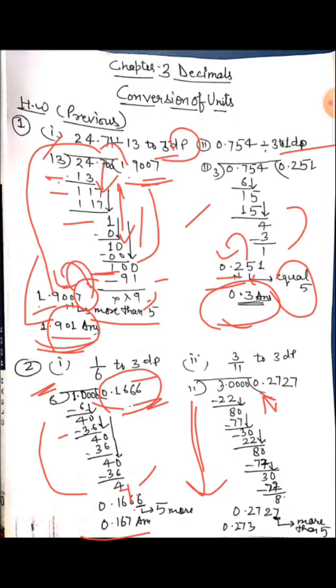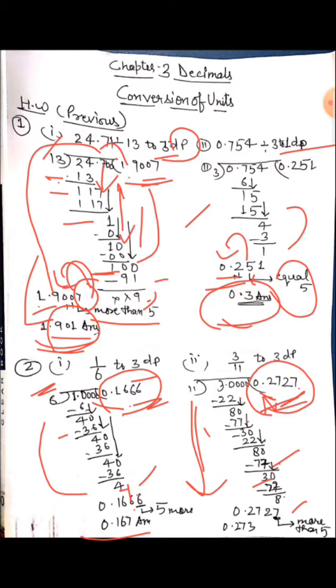Now we have 30, then 11 twos are 22, then 8 after subtraction, then 80, then 11 sevens are 77, then again 30, then 2, then again 8, then 80 again, and after the division we get 0.2727. If the question is asking for 3 digits, you find your answer up to 4 digits after the decimal.